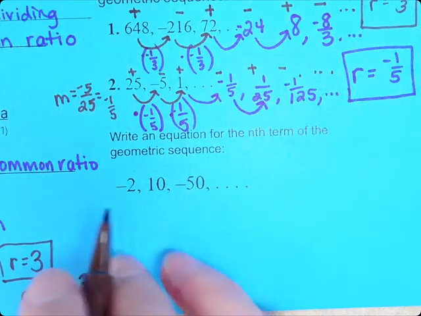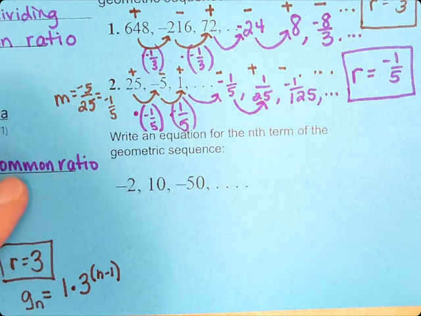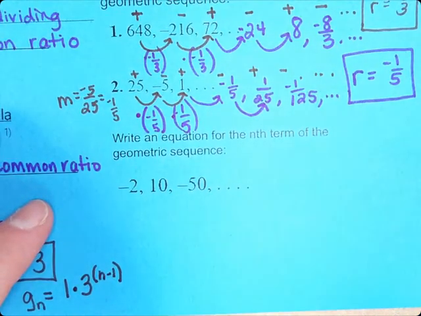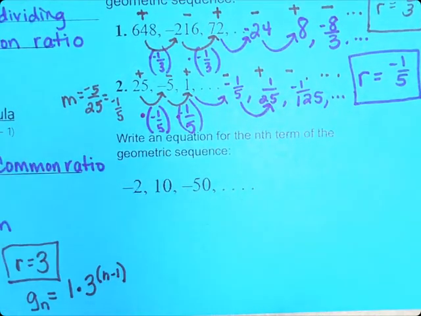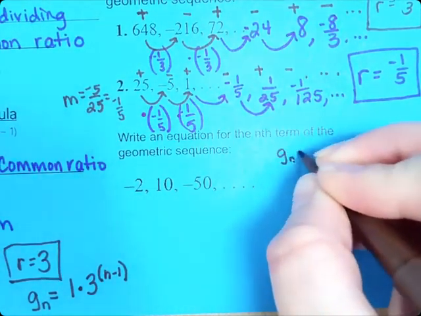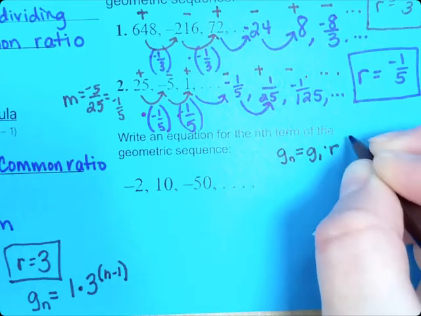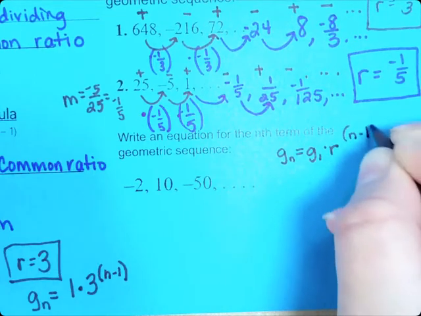Okay, the next example says write an equation for the nth term of the geometric sequence. So let's see. We need to do g of n equals g of 1 times r raised to the n minus 1.